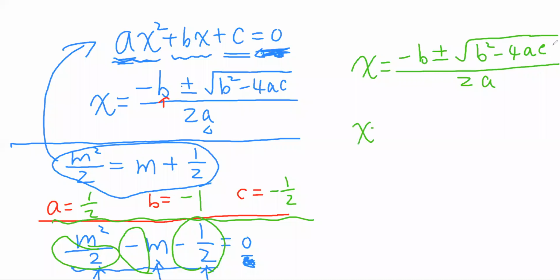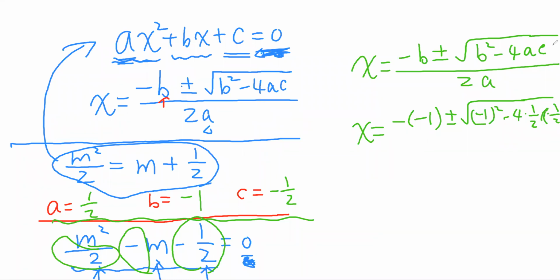We just replace a with a, b with b, and c with -half. So negative b, I'm sorry, -(-1) plus or minus the square root of (-1) squared, right? b is -1, minus 4, a equals half, c equals -half.